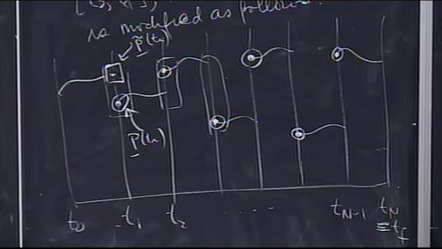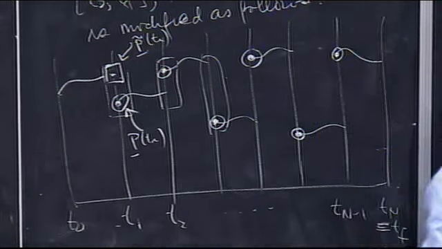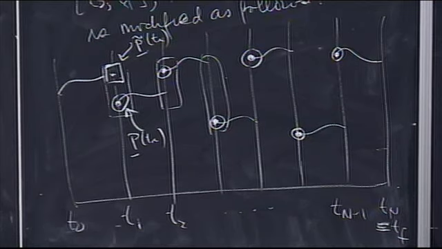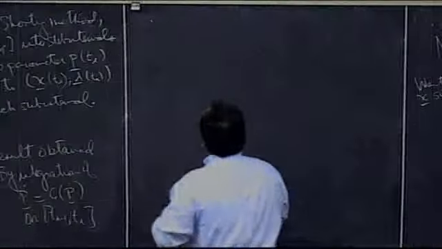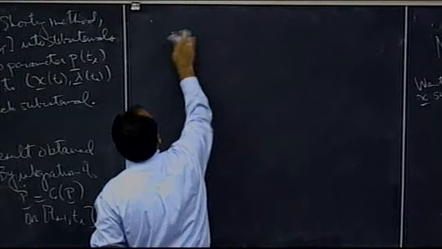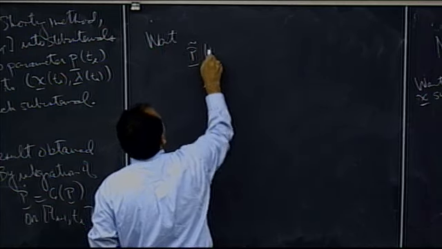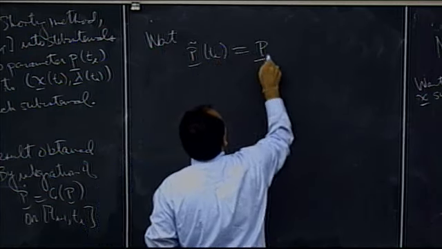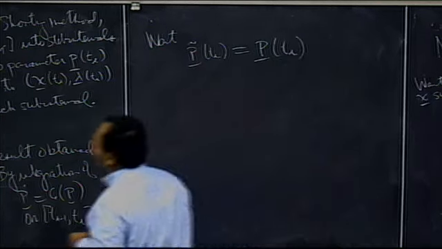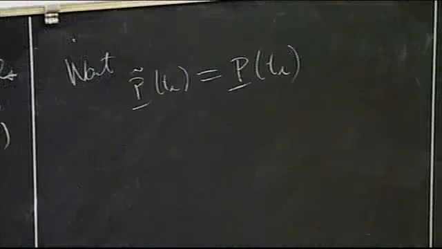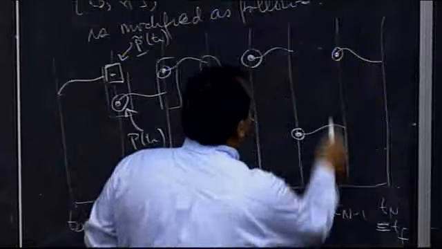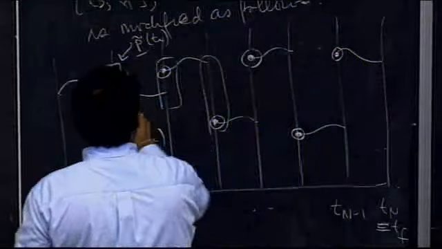What you're going to do is you're going to have these additional conditions that are going to be augmented to the original problem, which are going to look like this: p tilde, I should write it this way, you want p tilde of ti to equal p of ti. So not only do you now have to guess the unknown values at t0 and the unknown values at tf, but you have to guess all of these values as well.